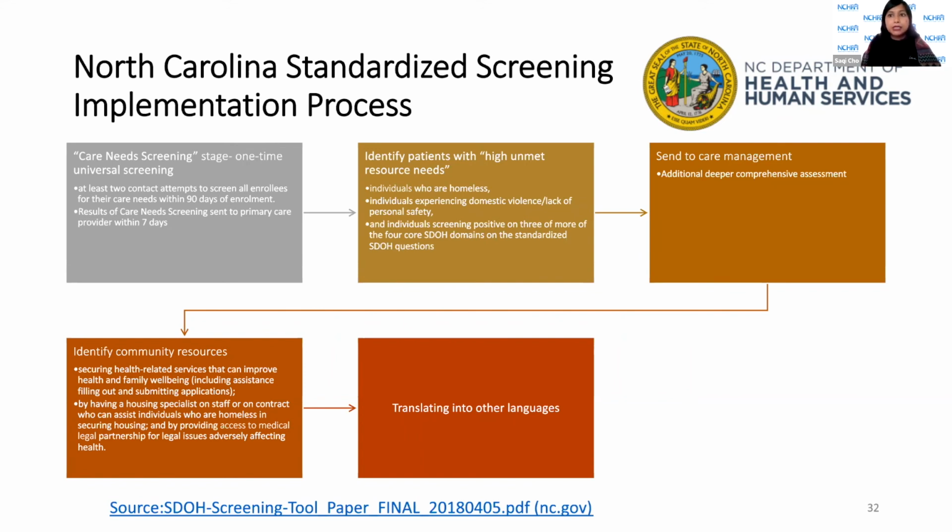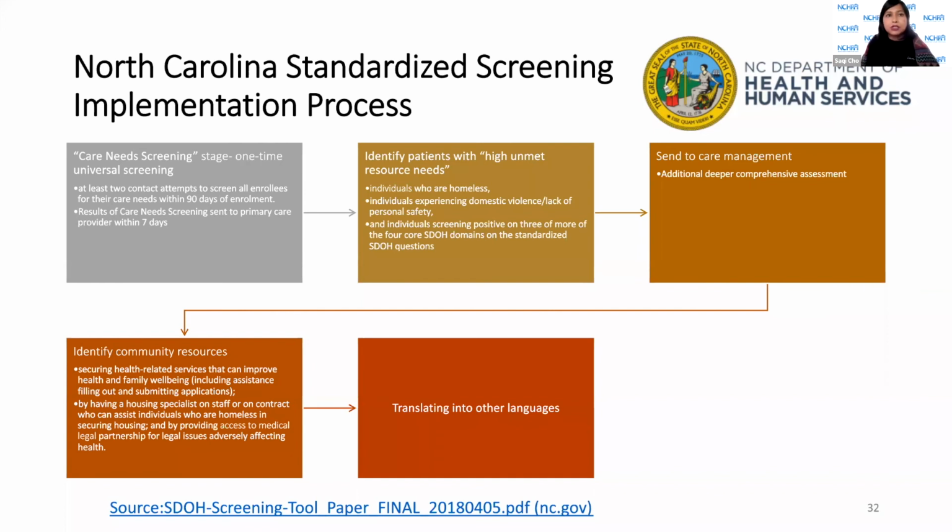Part of their implementation process includes identifying community resources, and that's key. After you have identified the social risks that your patient population is facing, and you begin to identify the appropriate interventions to address those social risk factors, it's important to remember that you don't have to develop all of your interventions in-house or do these on your own.